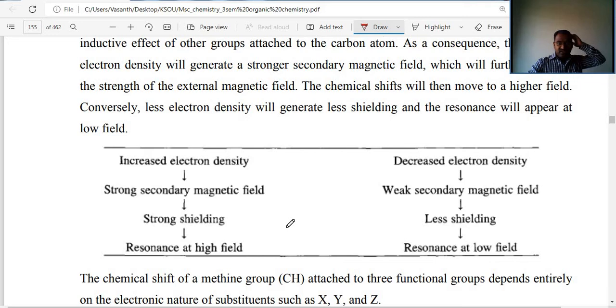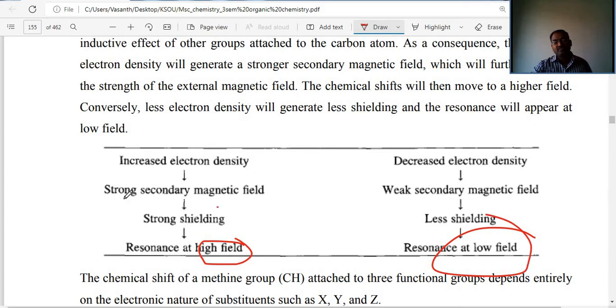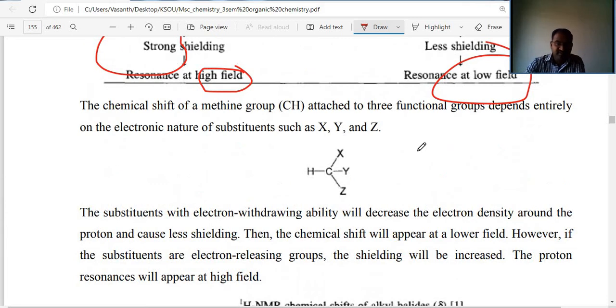With increased electron density, the resonance appears at high field, and with less electron density there is less shielding and the resonance appears at low field.